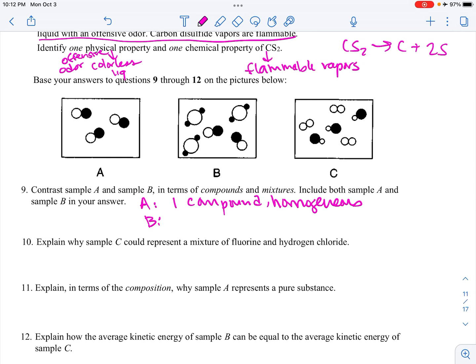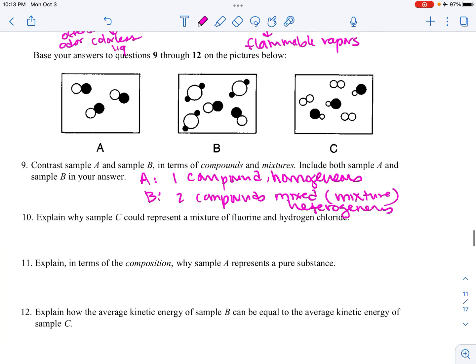In box B, we have two compounds mixed, or you could say it is a mixture. It is heterogeneous. What else does it say here? Yeah, that's pretty much everything it says.